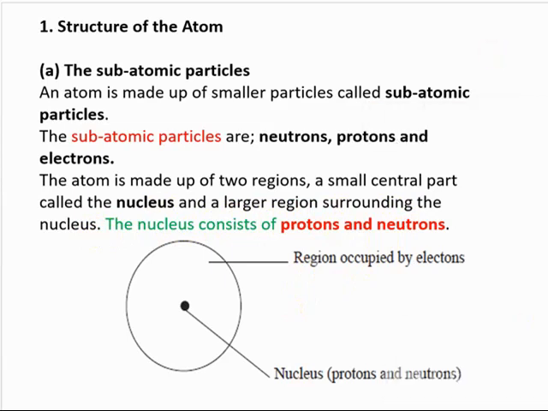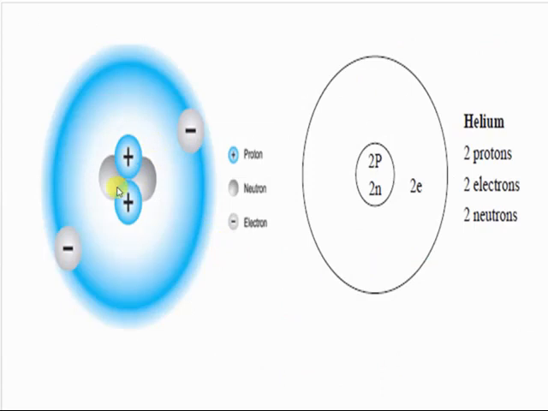Very, very critical to understand what is happening. So it is also important to look at the nucleus itself. The nucleus contains the protons, which are positively charged, and it also contains the neutrons. Neutrons do not have any charge, so they are neutral. And then we have the outer region where we have electrons. Electrons are negatively charged.